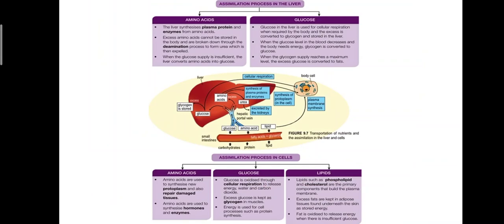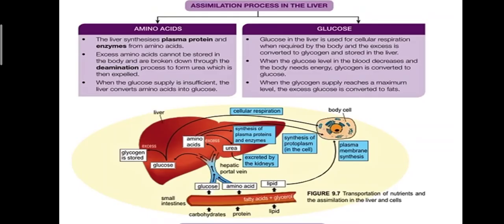We have the assimilation process in the liver and the assimilation process in the cell. In the liver, if this is our small intestine, and this one is our liver, the liver synthesizes plasma protein and enzymes from amino acids.